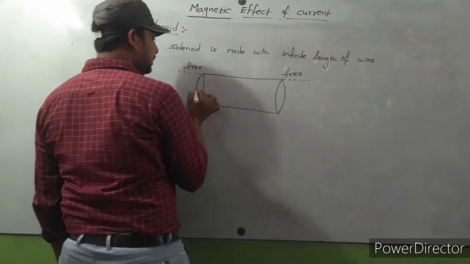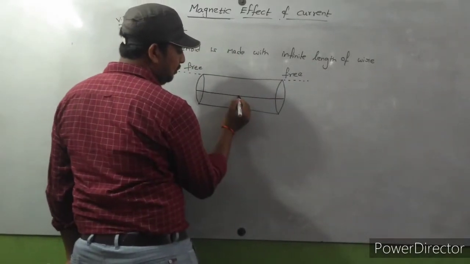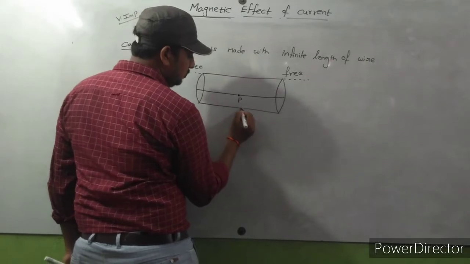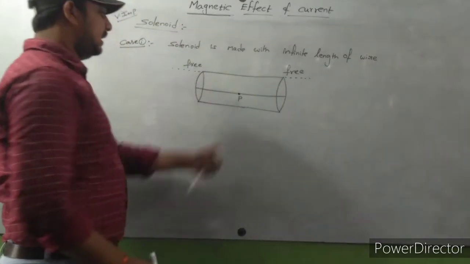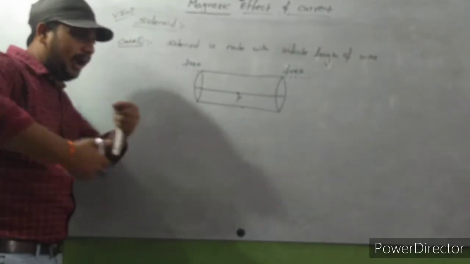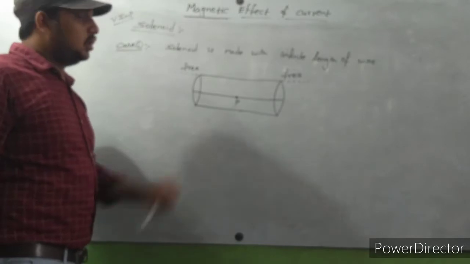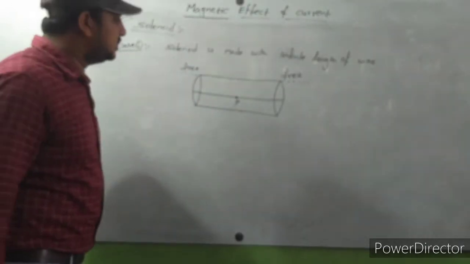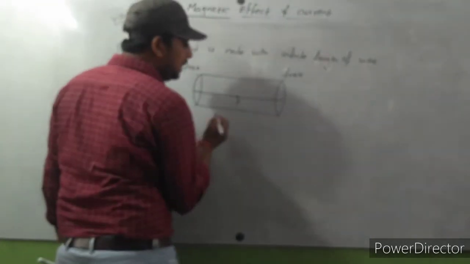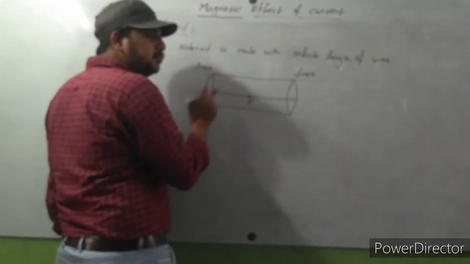Okay. So this is an axial line. Here I consider one point. Generally, if you are winding the wire, that will give an imaginary cylindrical shape. So here is the point. What is the magnetic field at this point?